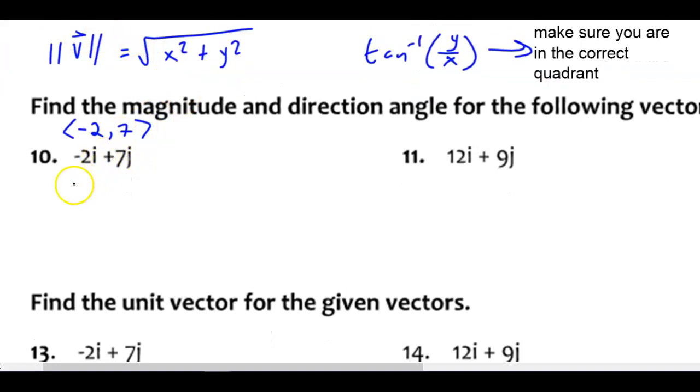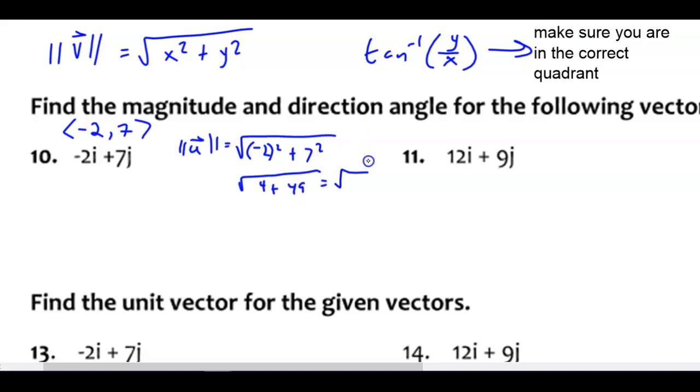All right, so the magnitude we're going to do, there's a component form. So the magnitude of this vector right here, we'll call it vector u, is going to be the square root of -2 squared plus 7 squared. So that magnitude gives us 4 plus 49, which equals the square root of 53.